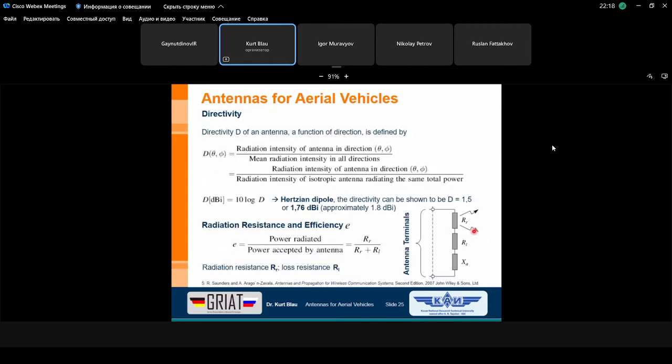Then we had a short discussion about the so-called radiation resistance and efficiency. First, I started with the efficiency, small e. It's nothing else in this case than the radiation resistance divided by the sum of the radiation resistance plus the loss resistance.